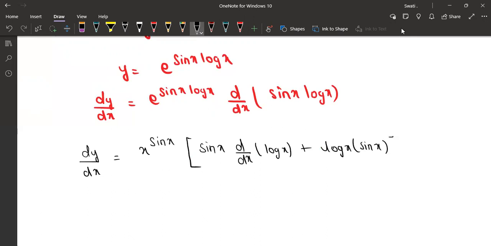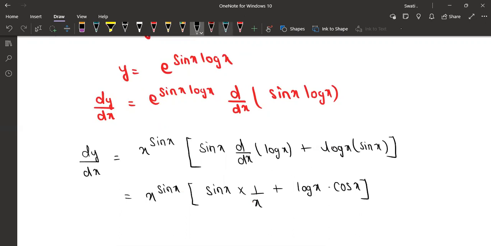And here it is totally formula based. This is x raised to sine x, and this will become sine x as it is. Derivative of log x is 1 over x, so this is 1 upon x, plus log x as it is. Derivative of sine x is cos x. So again, here I have used two formulas in this particular step, the derivative of log x, so make sure you are writing it on the other side, and derivative of sine x, that is cos x, that also you are writing on the other side.